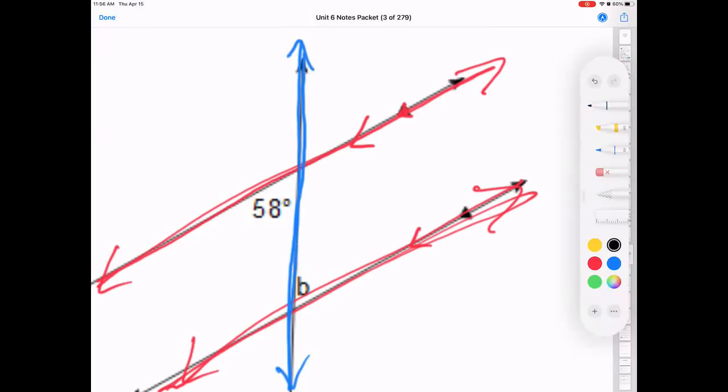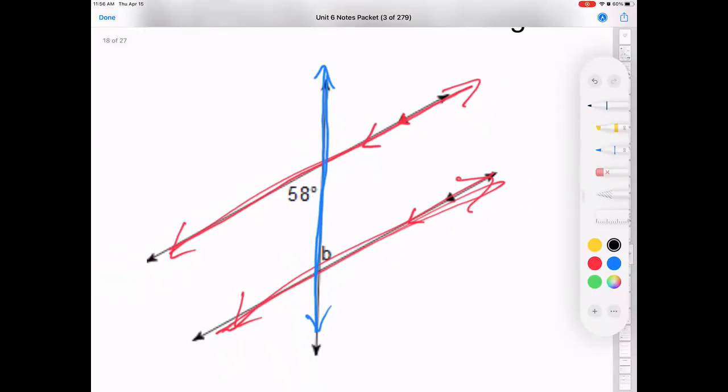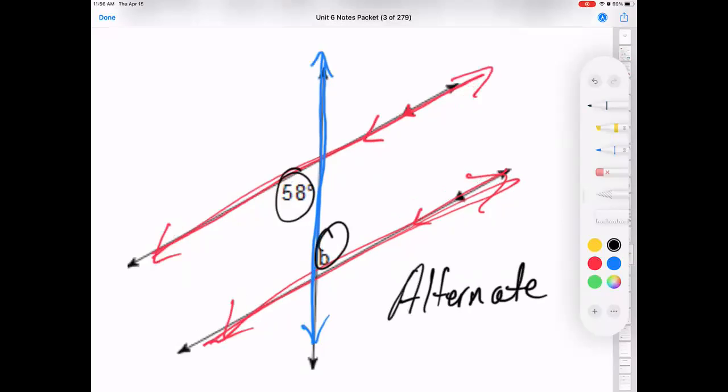When that happens, we want to first identify what kind of angle types they are. These are alternate because they're on opposite sides of the transversal. Then we ask ourselves, are they interior or exterior? Because they're on the inside of the two parallel lines, they are interiors.